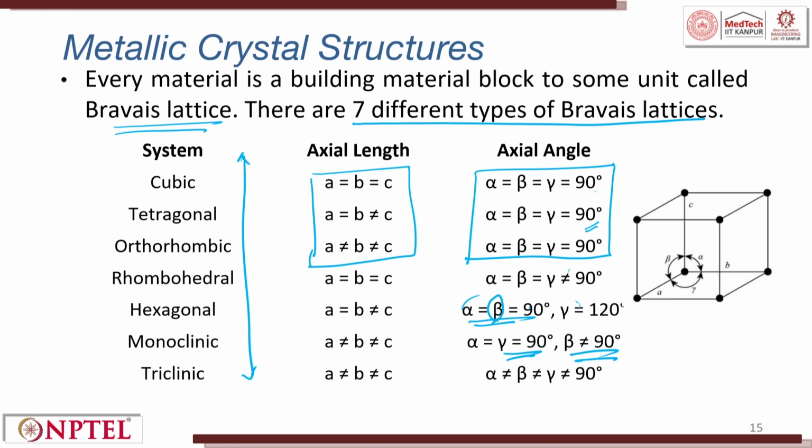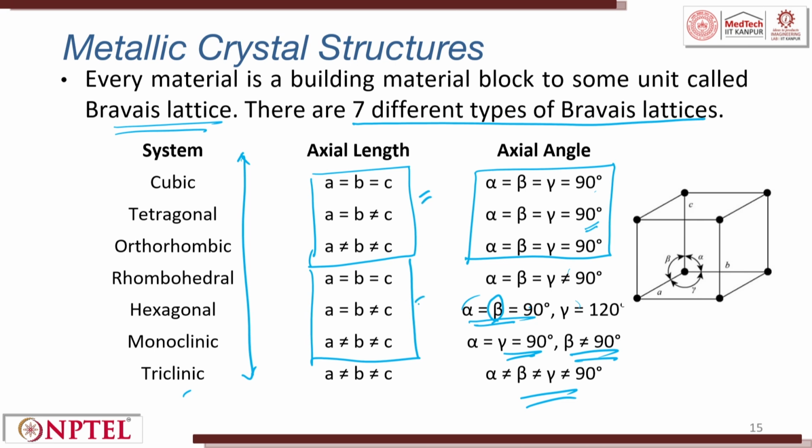And the last one you see is triclinic, where alpha, beta, gamma, none of them are 90. Let us go to here. A equal to B equal to C, it is a repeat. A equal to B not equal to C. A not equal to B not equal to C. This is just a repeat.